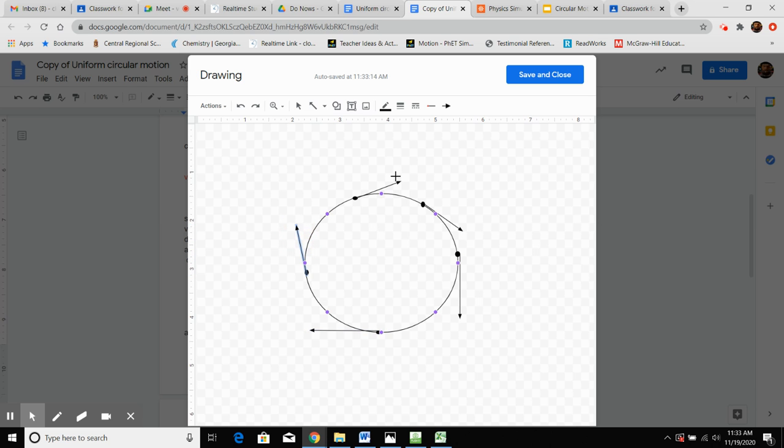Okay, these are my velocity vectors. So after I have all of those drawn in, and it looks like this, I'm going to go to the text box. I'm going to click on text box, and just above one of these, I'm not going to do it for every single one because it's just a pain. I'm just going to type in the letter V for my velocity.